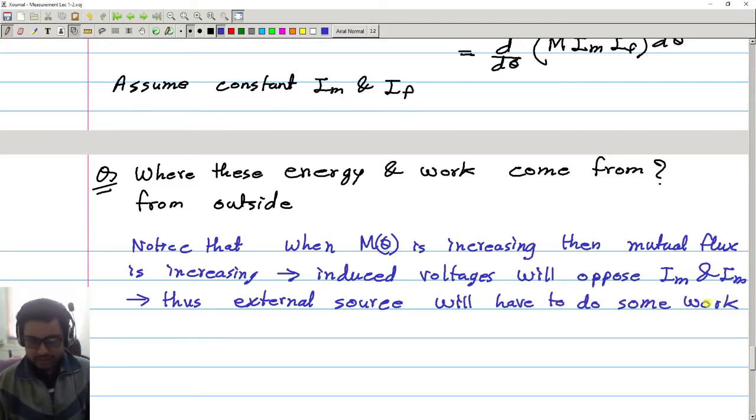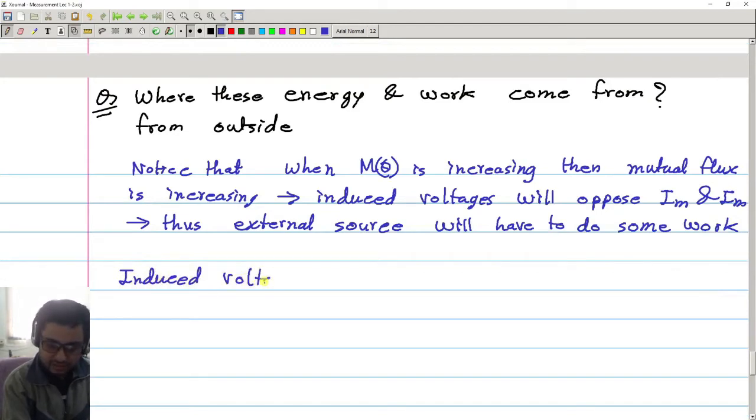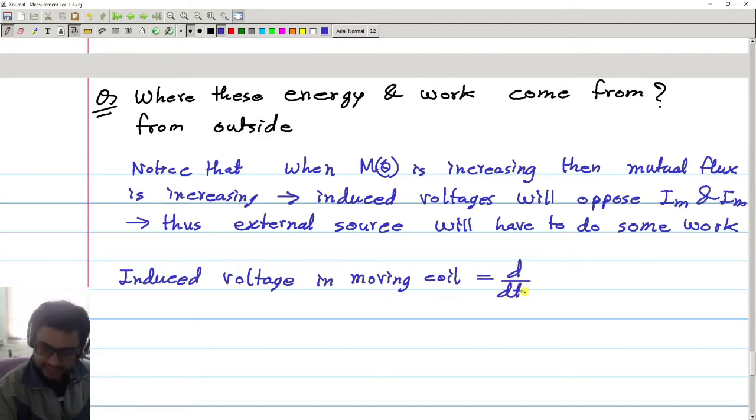Okay, fine. Now how much is that work? So for that, let us find the induced voltage in the moving coil. How much will that be? That will be given by the rate of change of flux linkage.